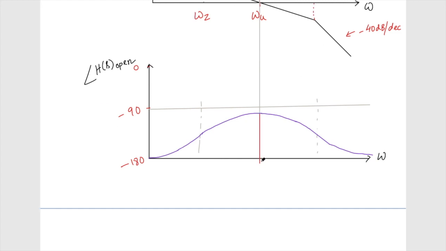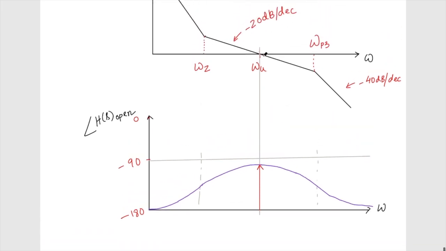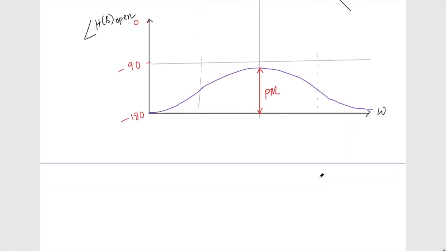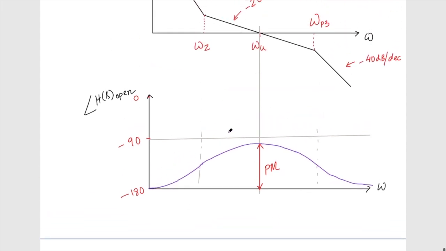The phase margin is the point where I have the gain crossover frequency, or the unity gain frequency. The expression of the phase margin we can write if we know where it is having the unity gain or the gain crossover frequency, as well as the locations of the 0 and the pole.